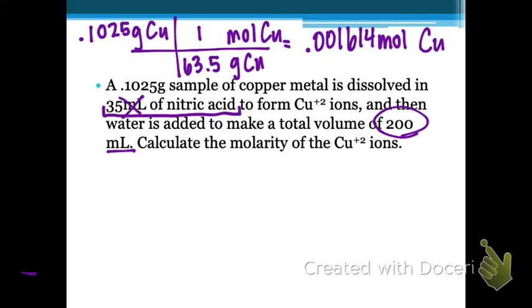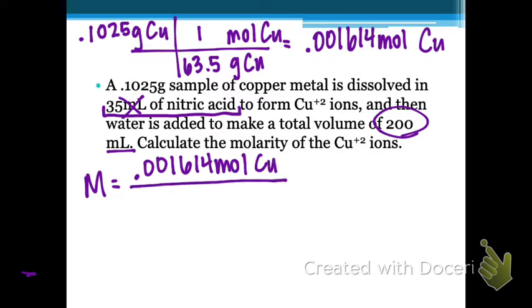Okay, so I'm going to calculate first the concentration of my whole system here, right? Concentration of my whole system, which is 0.001614 moles of copper divided by my total volume, which, can I leave it at 200?